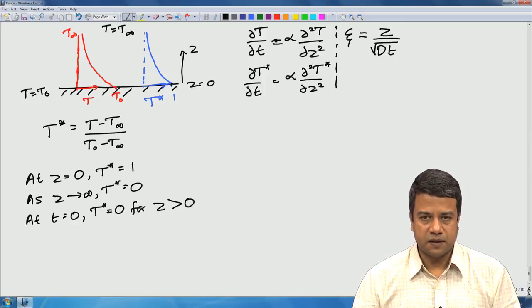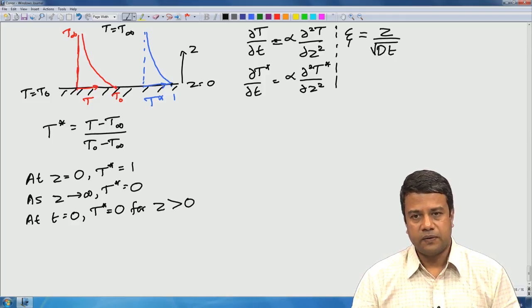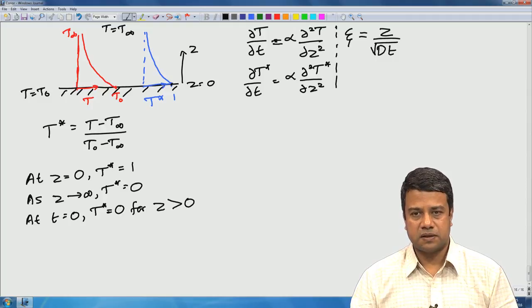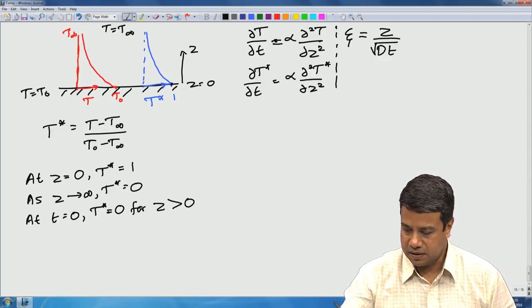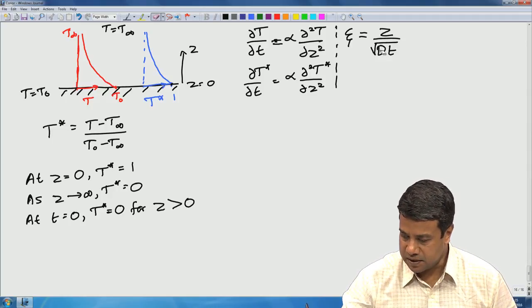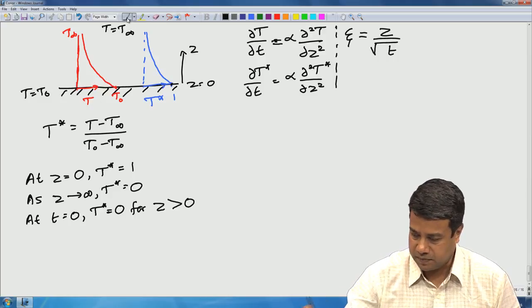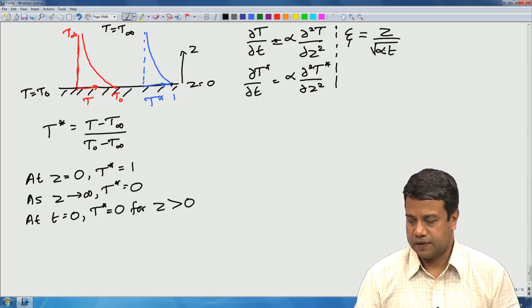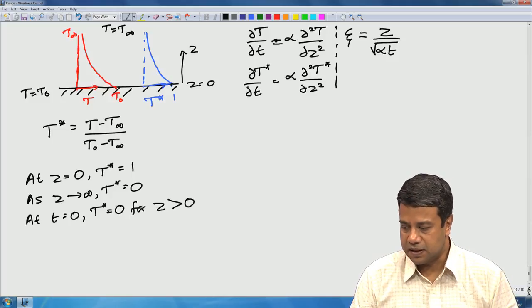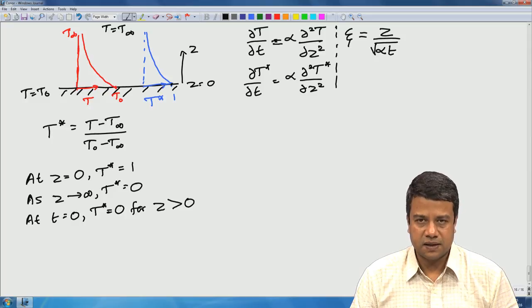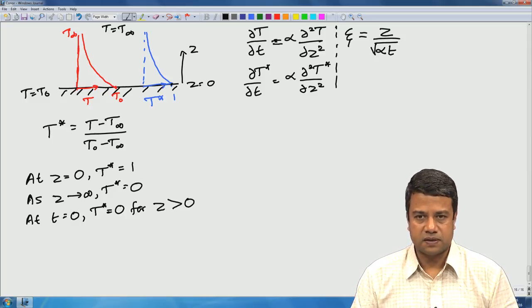Because of a deficit of dimensional parameters, we cannot find separate dimensionless groups involving length and time. I put the mass diffusivity here, my apologies, it should be in this problem the thermal diffusivity. We can get only one dimensionless group, that is the ratio of the z coordinate and square root of alpha t. Square root of alpha t you can see easily has dimensions of length.